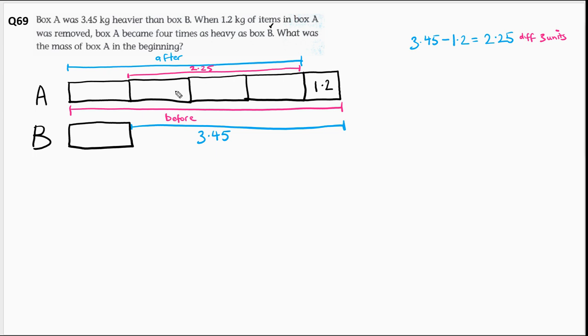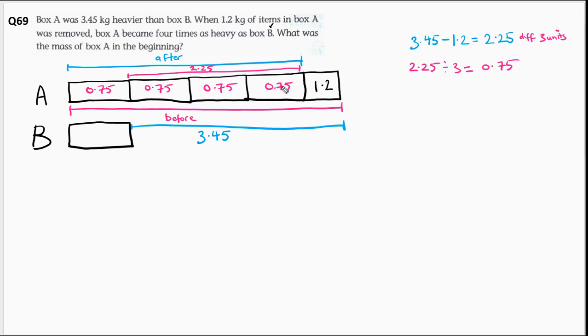So if we divide 2.25 by 3, we're going to get the value of each of these parts. And that is going to be 0.75. All right, so each of these represents 0.75 kilos.